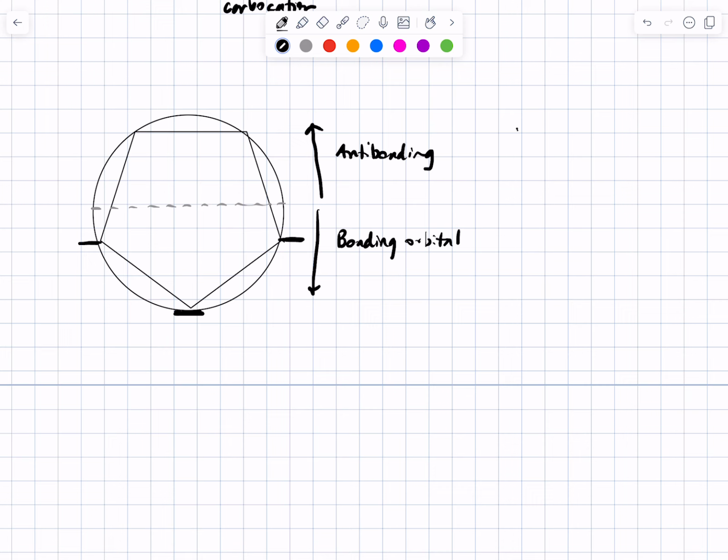But for example, for the cyclopentadienyl anion, we can do this now and show that even though it looks like there's a lone pair on that atom, all 6 electrons are actually in bonding orbitals. And that's why it's a stable anion, that's why it's aromatic. Of course, these 2 anti-bonding orbitals will be empty.